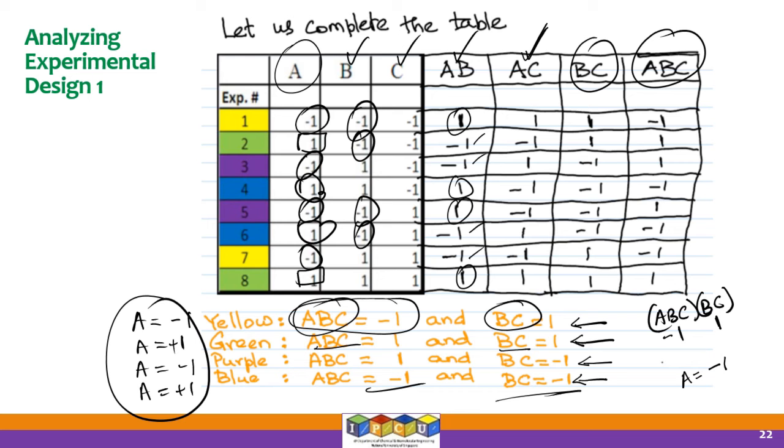So you will never be able to say this is the effect of factor A clearly, because a part of that may be due to the different skill levels amongst the scientists conducting this experiment. Same goes for BC, same goes for ABC.